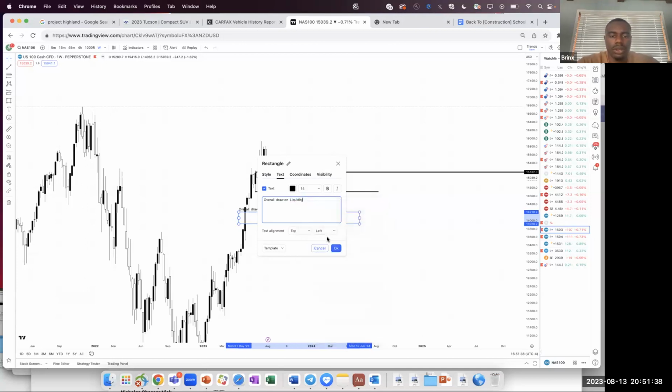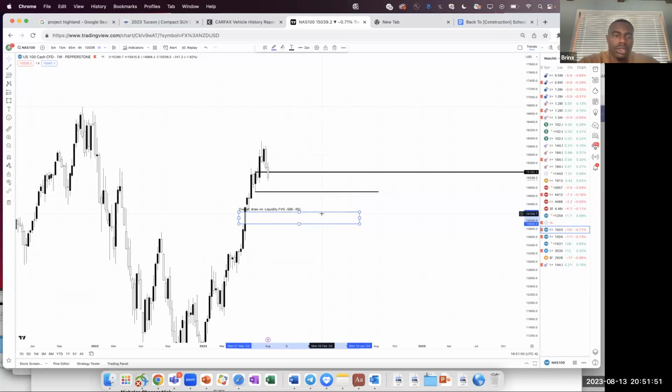And this is going to be a fair value gap, a SIBI, with relative equal lows.